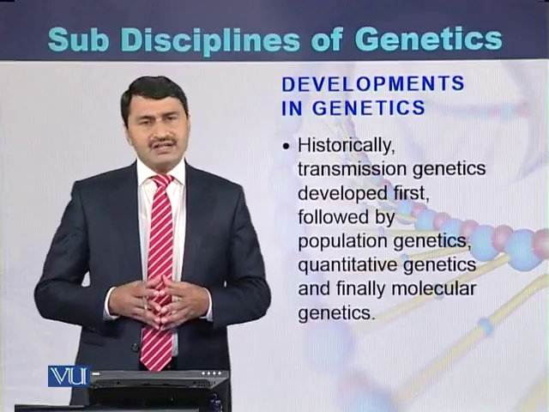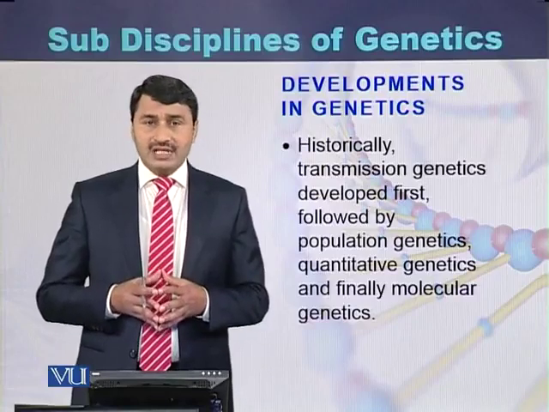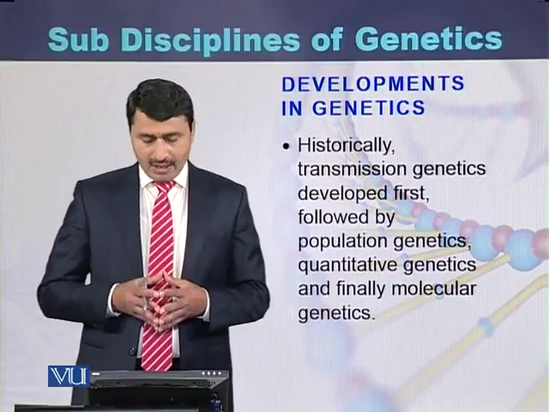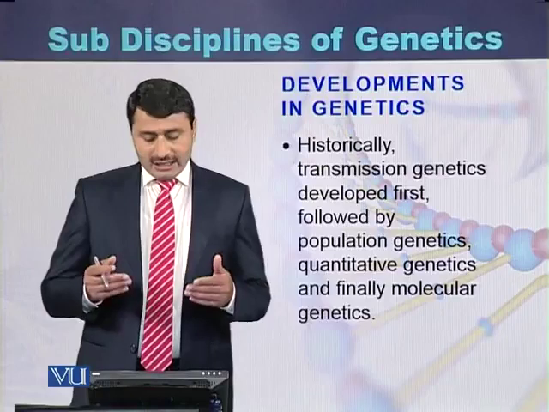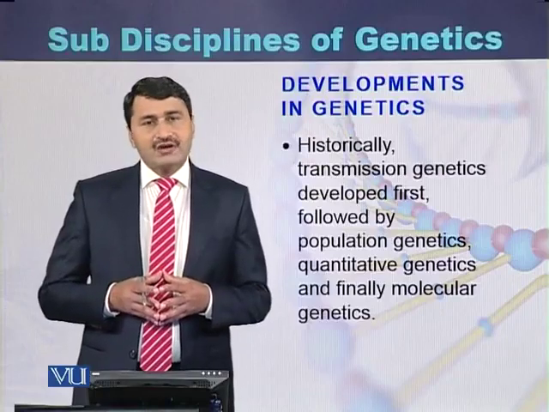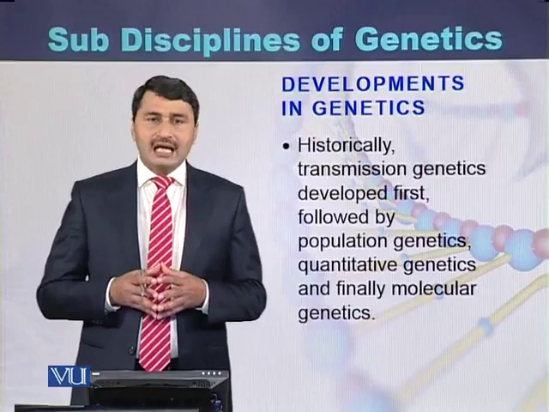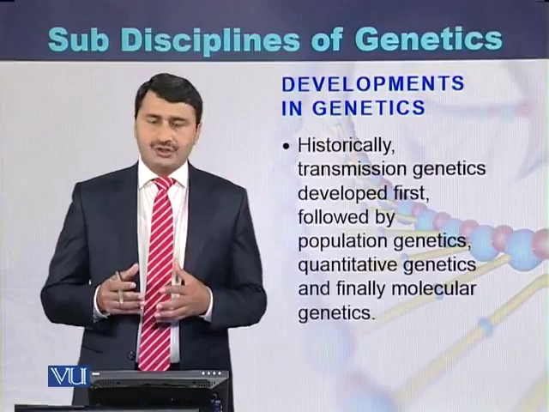If we look at the development of genetics historically, transmission genetics was developed first, which is also called Mendelian genetics. Later on, population genetics was developed, and then quantitative genetics, and last, molecular genetics was developed.